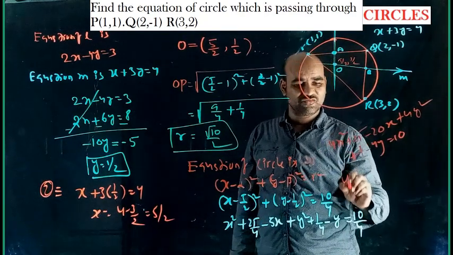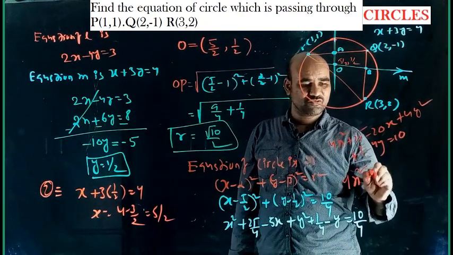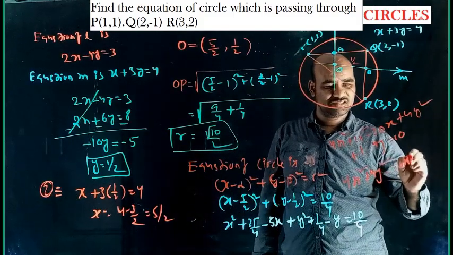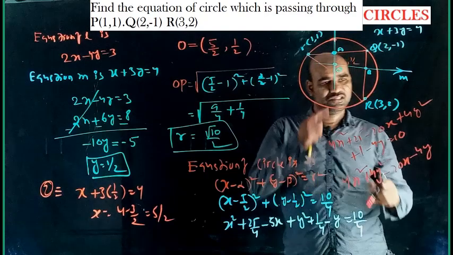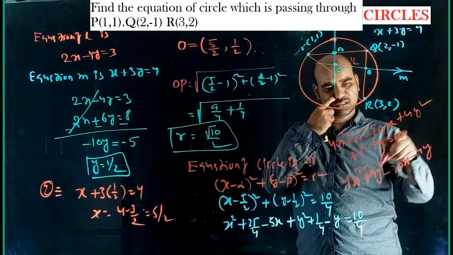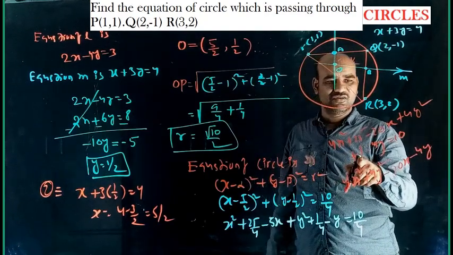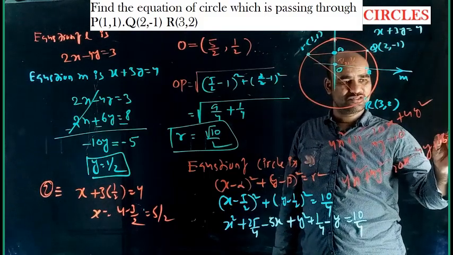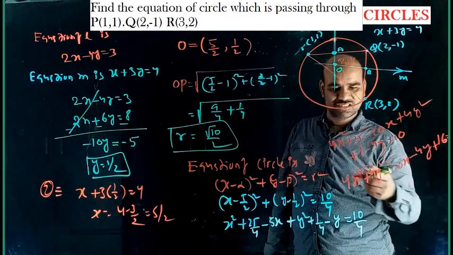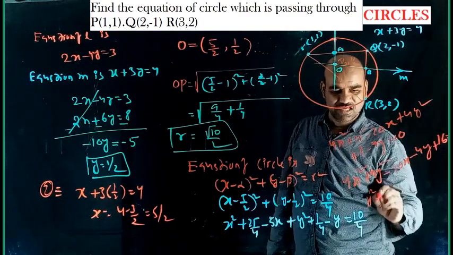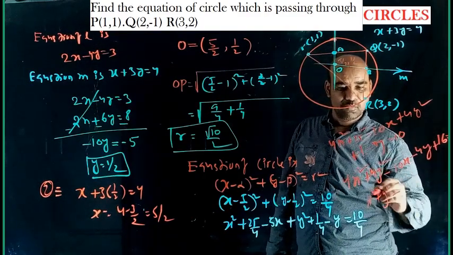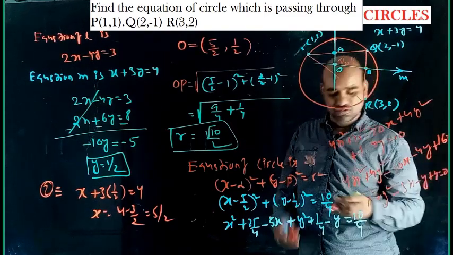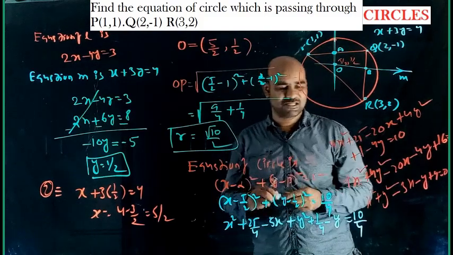So final answer: 4x square plus 4y square minus 20x minus 4y, here 25 plus 1 is 26, plus 16 equal to 0. I can divide LHS and RHS by 4. So x square plus y square minus 5x minus y plus 4 equal to 0. This is the required equation of the circle.